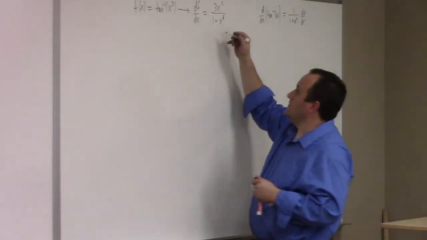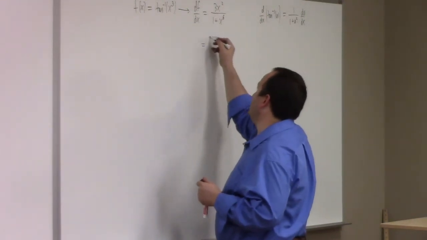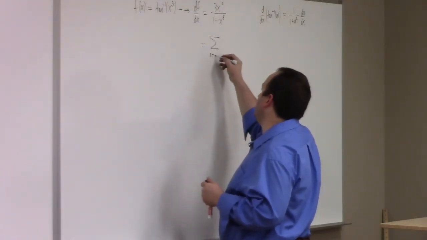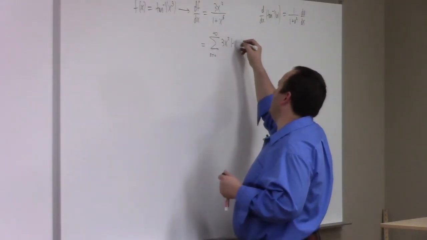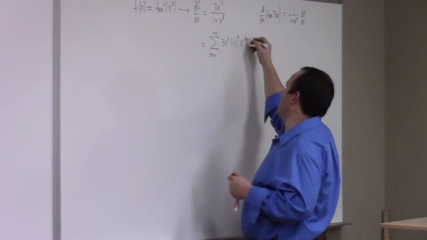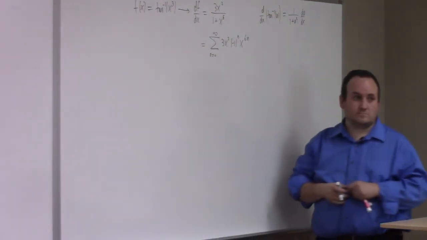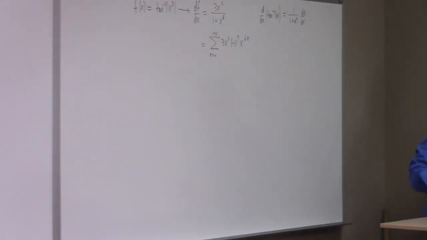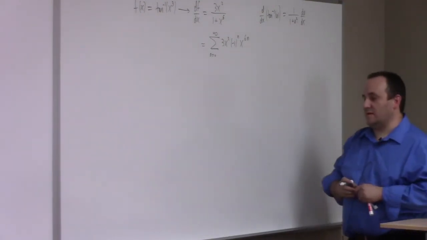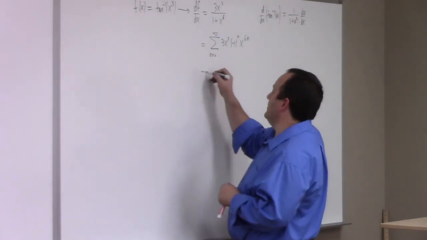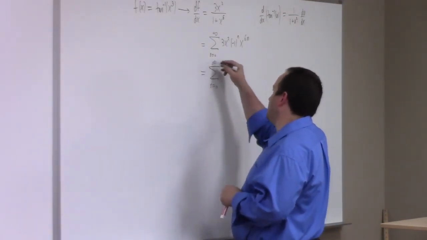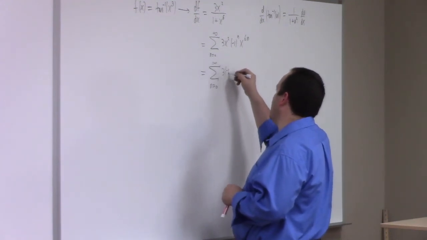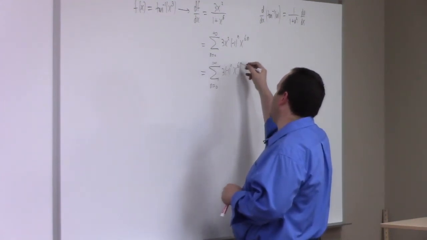Now this is a joy, because this is just geometric series, n equals 0 to infinity, 3x squared times minus 1 to the n, x to the 6n. Putting a equals to 3x squared, and r equals to minus x to the 6th. But we should clean that up before we undo the differentiation. n equals 0 to infinity, 3 times minus 1 to the n, x to the 6n plus 2.